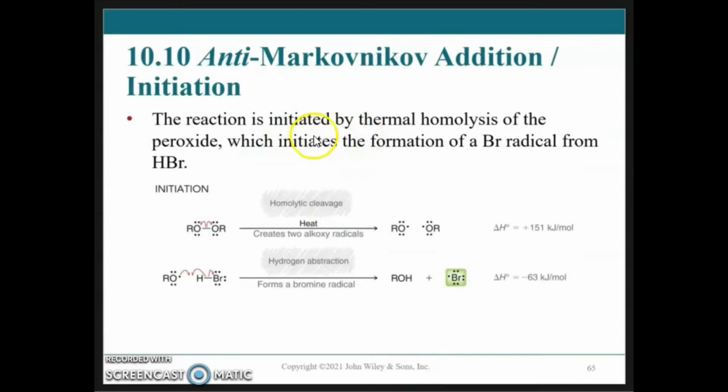So we begin with initiating thermal homolysis of a peroxide to initiate the formation of a bromine radical from HBr.